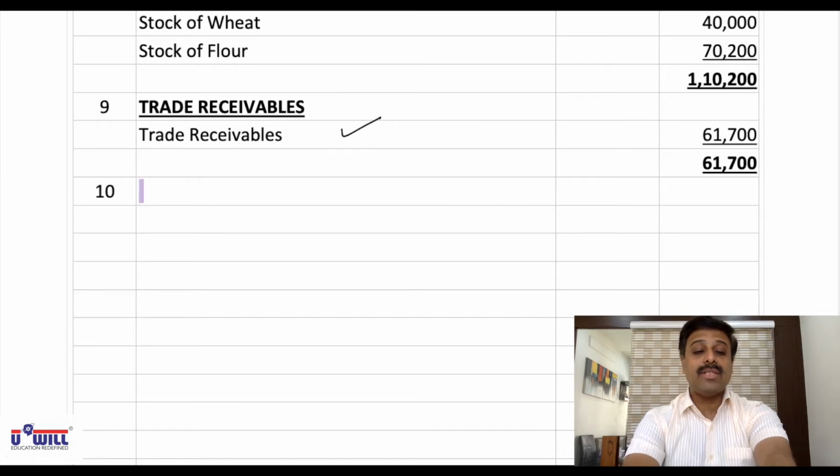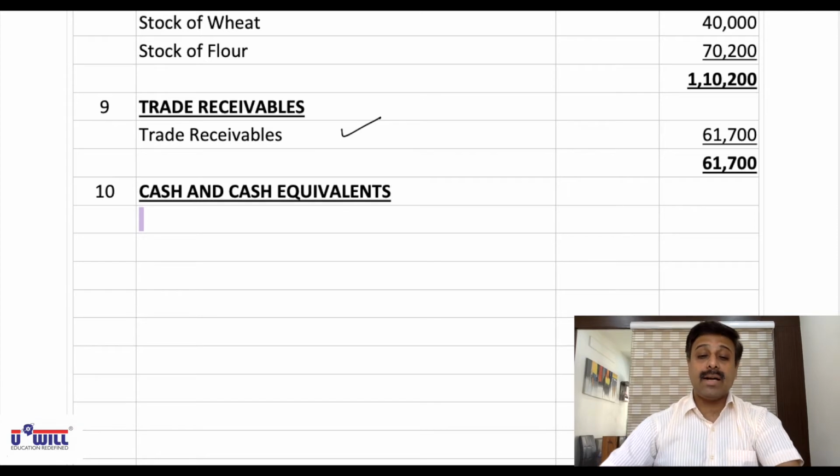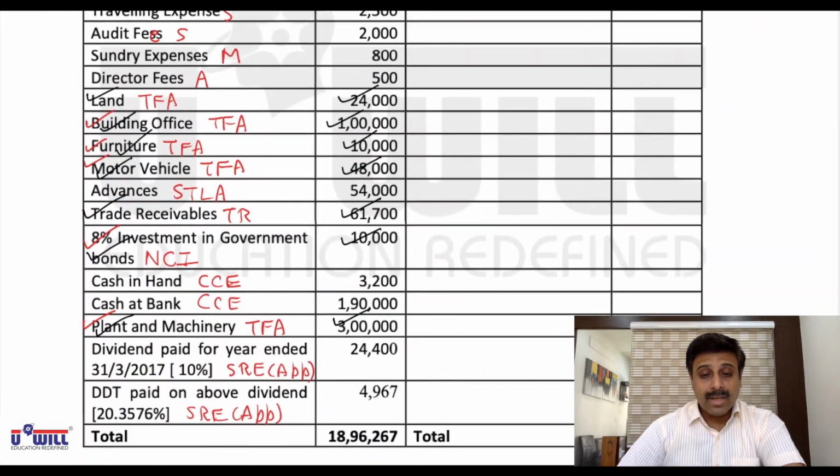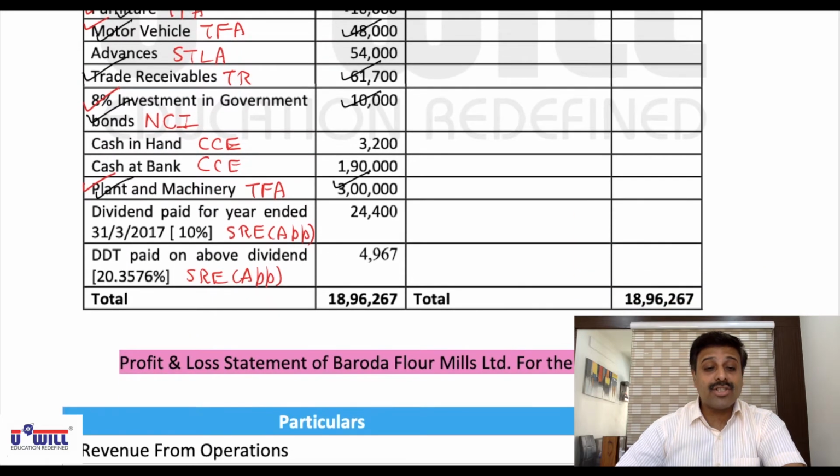Then after trade receivables, we have cash and cash equivalents. CCE marked items. Okay. Trade receivables are taken. Now cash in hand 3,200 and cash at bank 1,90,000.